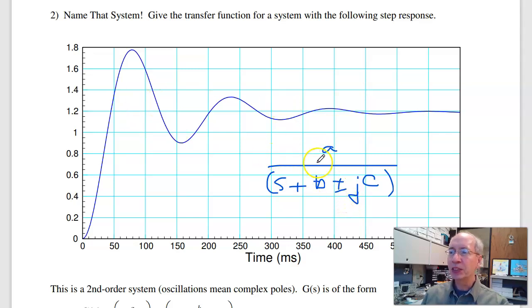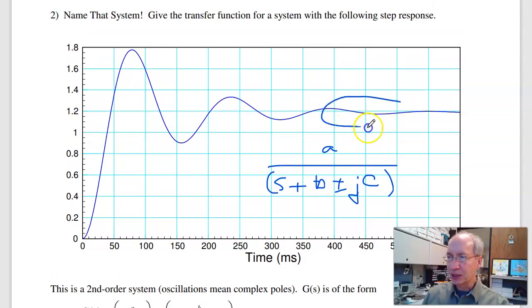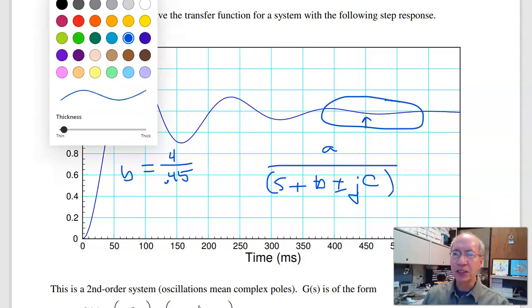So I need to pull 3 pieces of information off this graph. One of them is the settling time. So it looks like the 2% settling time is somewhere around here. If I say 450 milliseconds, ballpark, I know that B is 4 over the settling time. To find C, that's the frequency of oscillation.